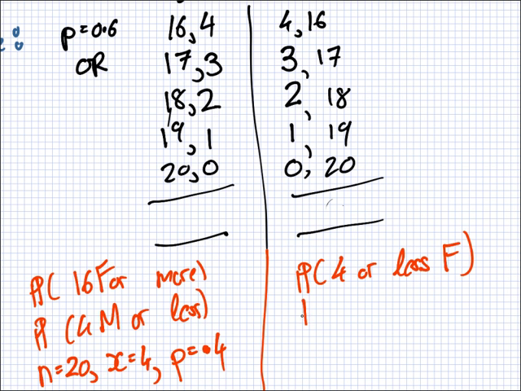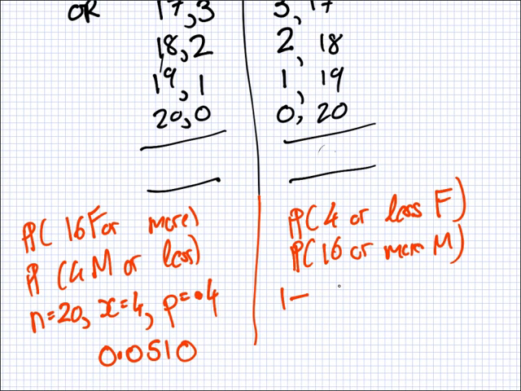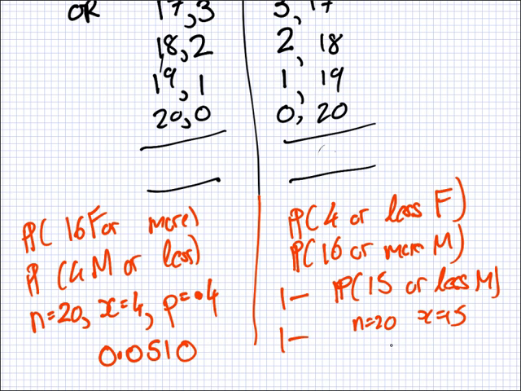No. So instead of saying 4 or less females, we should say 16 or more males. But what's the problem with this? Can we look up or more in the table book? No. So this is 1 minus not 16 or more. So what's not 16 or more? That's 15 or less males. So that's 1 minus, and then N is 20, X is 15, P is 0.4.